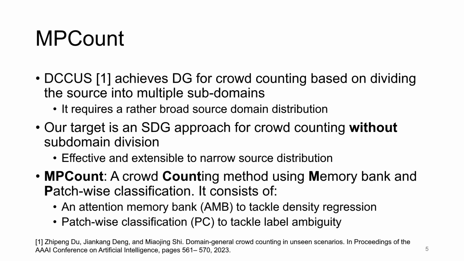So we propose MPCount, a crowd counting method using memory bank and patchwise classification. It consists of mainly two parts: an attention memory bank to tackle density regression, and a patchwise classification to tackle label ambiguity.